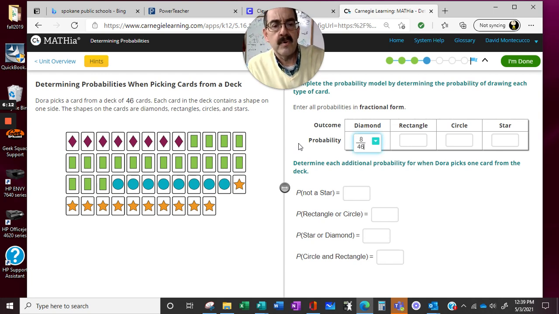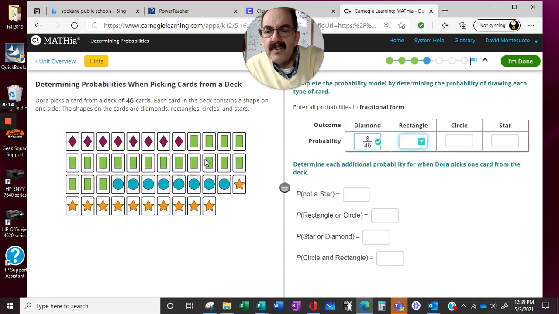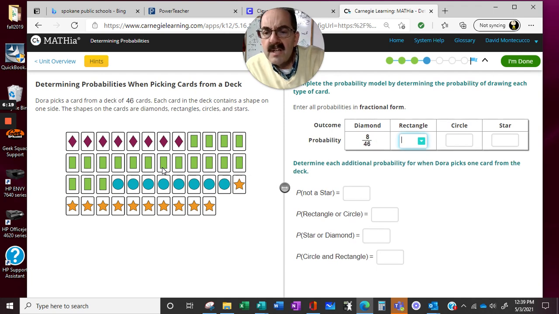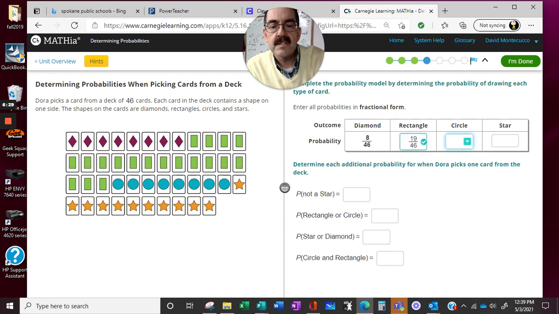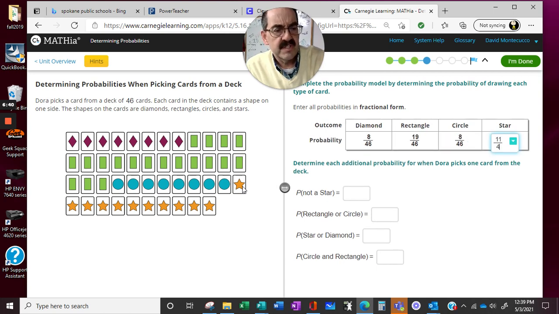Rectangles, 1, 2, 3, up to 19 of the 46. A circle, 8 of the 46. Stars, 11 of the 46.